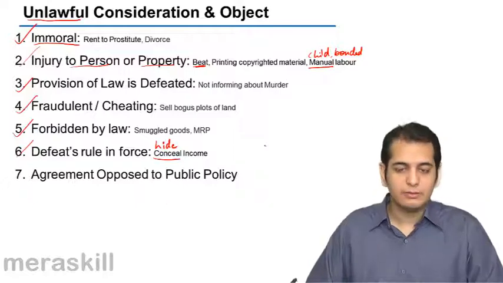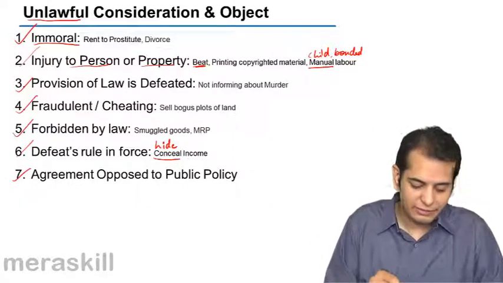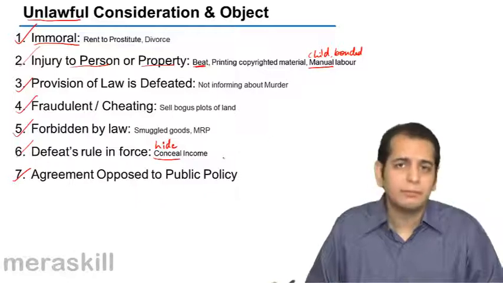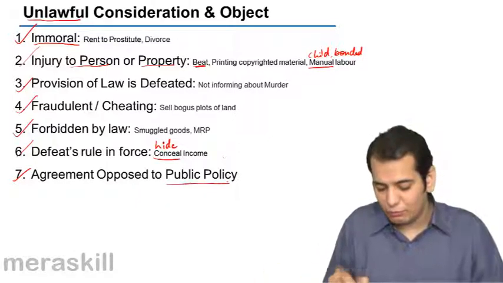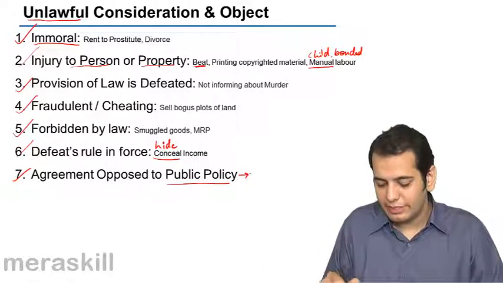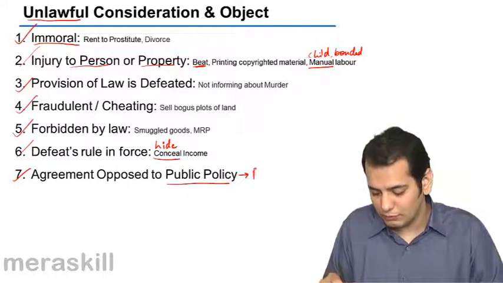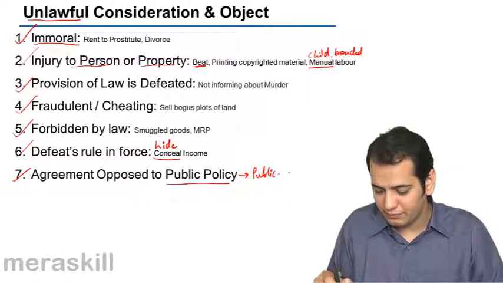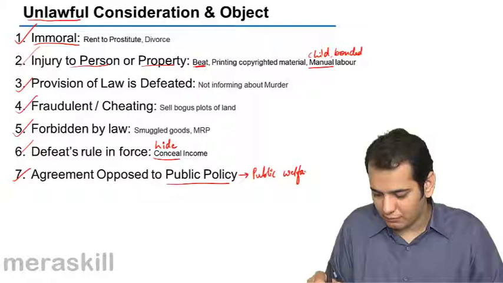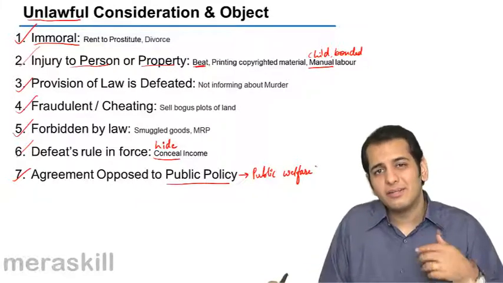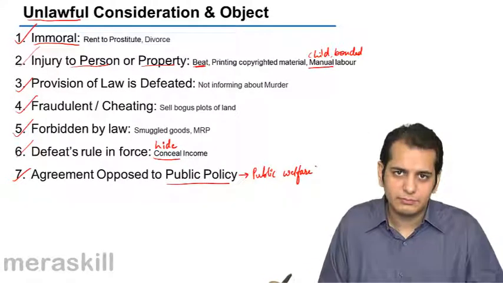And finally, we have agreements which are opposed to public policy. Agreements which are opposed to public policy means agreements which are opposed to public welfare or general benefit of the public.